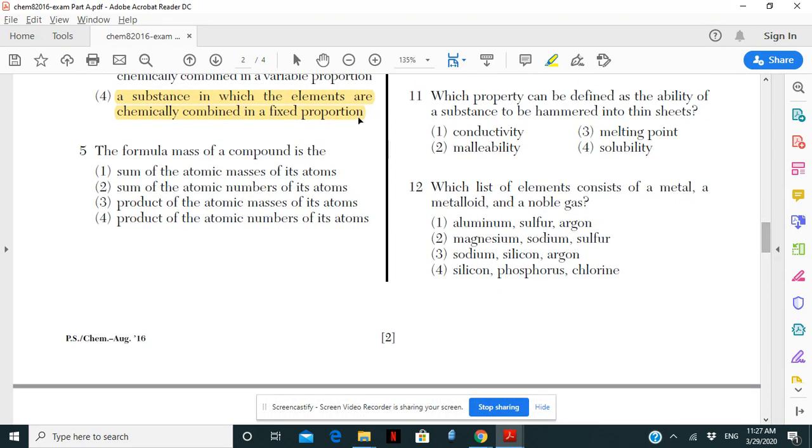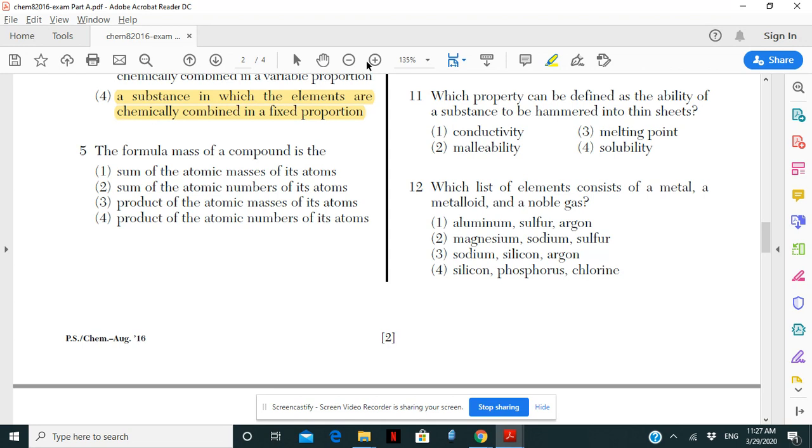Question number 5. The formula mass of a compound is... The formula mass, in another way, we're saying is the molecular weight. And as we said before, what I have to do is the sum of all the masses of the elements. And what represents the mass for an element is its atomic mass.